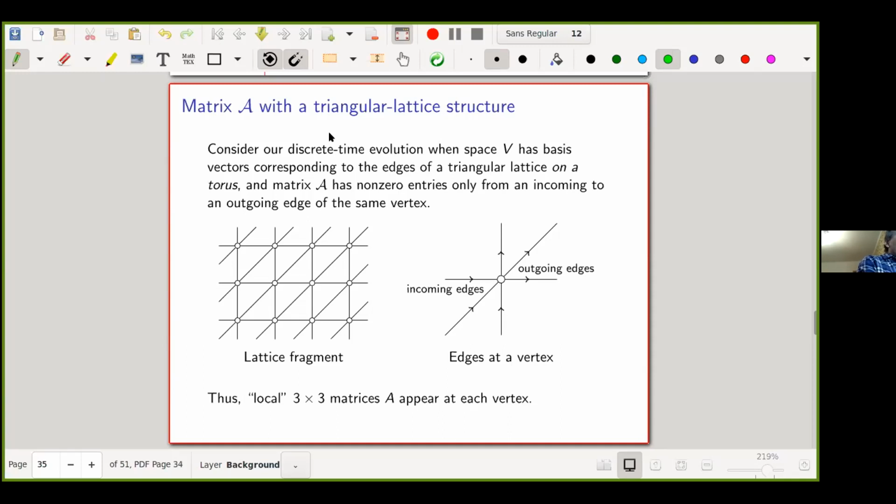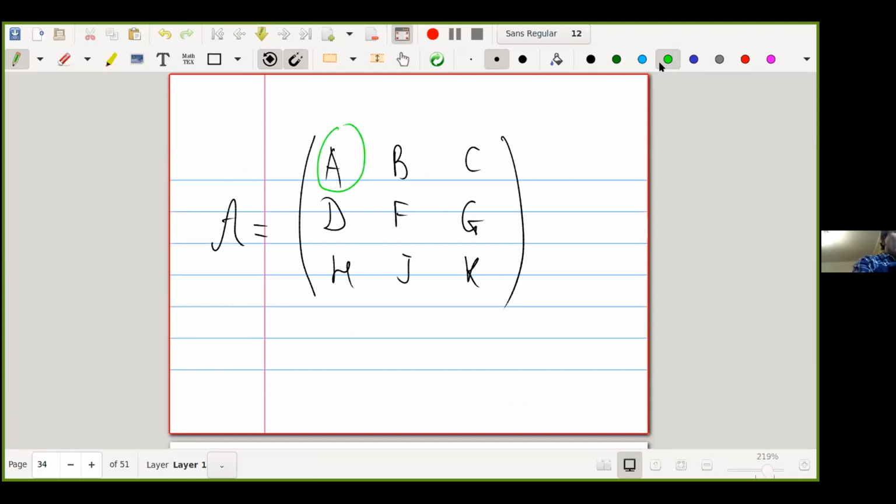For instance, this A corresponds to horizontal edges.